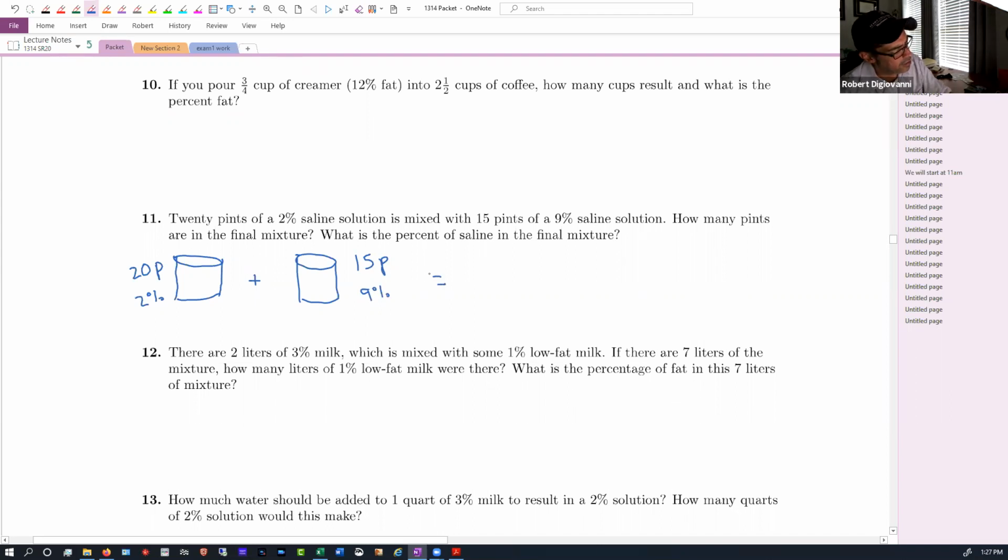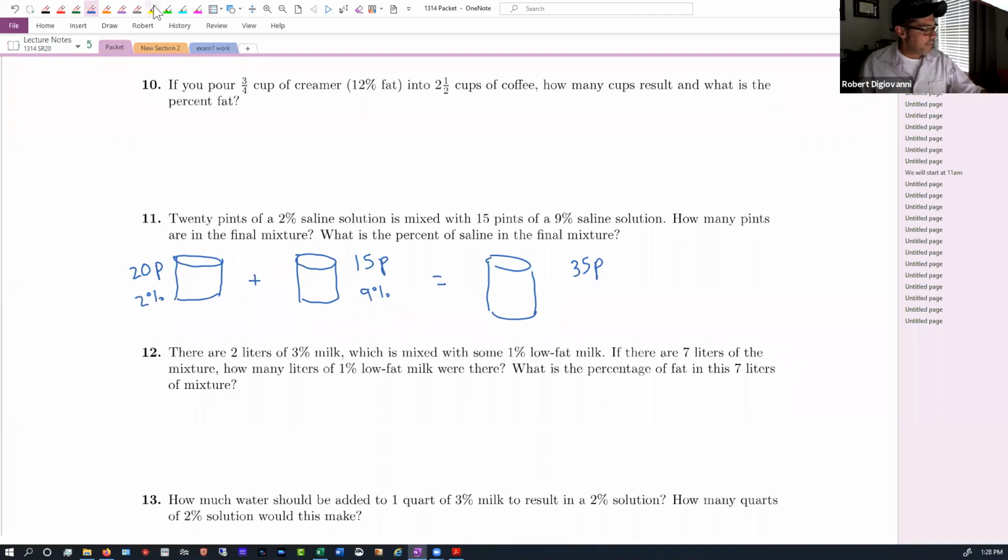When I add those two together, I should have this new container that has how many pints in it? So that part shouldn't be hard. 35 pints, right? So that's how much total, because I took the 20 and the 15, added them together. The question is, what's the percentage?